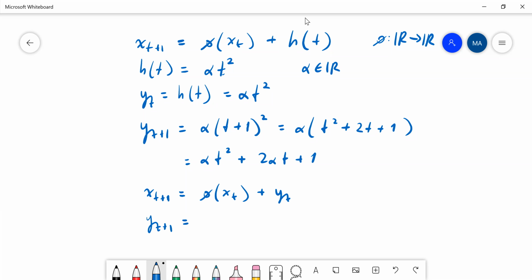How do you associate y_{t+1} with y_t? As you see, you have alpha t squared here. So your system is now y_{t+1} equals y_t plus 2 alpha t plus alpha. Now, is this system autonomous or not?